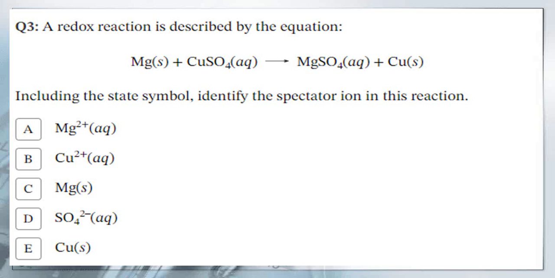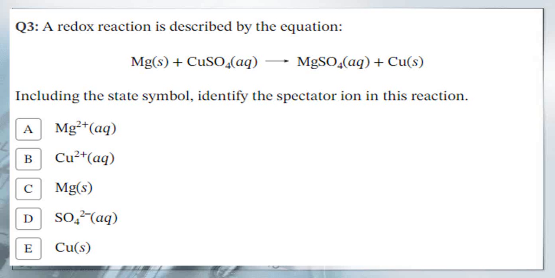We have here only one spectator ion. No, we have here two. Do you think that? Please concentrate. In our equation, I said before that we have only the solid state in the net precipitation equation.